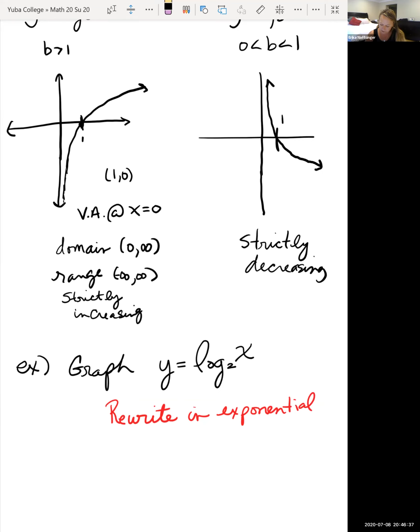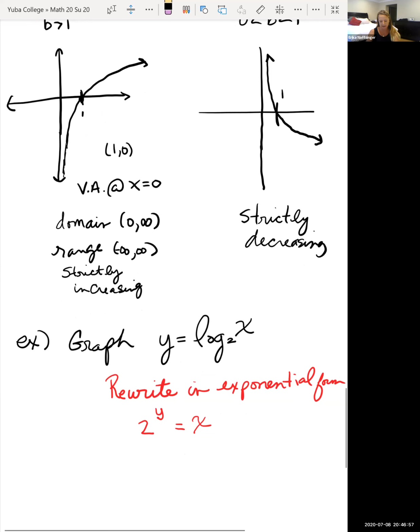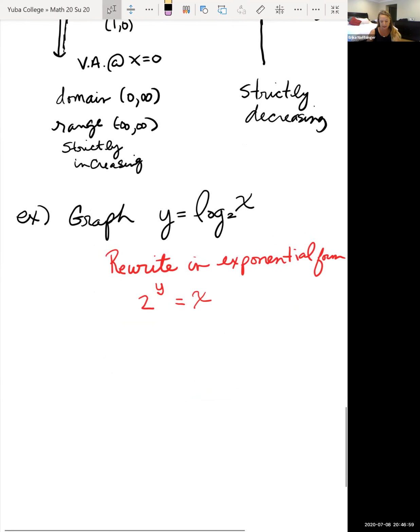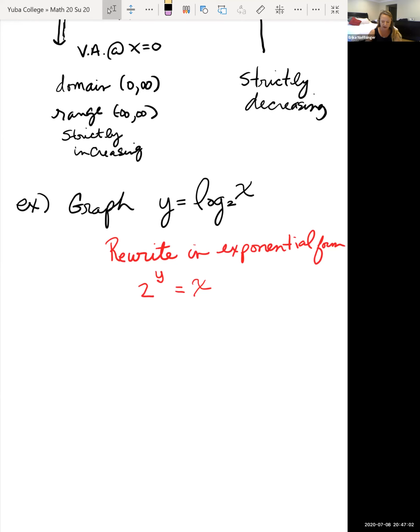So we have our base 2 raised to the y is equal to whatever we're taking the log of, x. So normally when we plot points, we usually plug in values for x and determine what y is. Here we can plug in values for y and determine what x is. That's one way to do it.